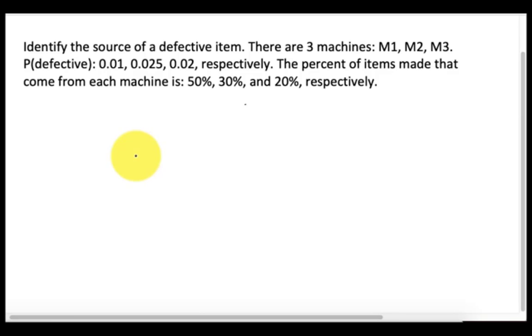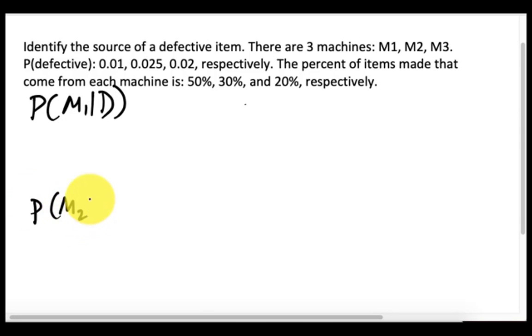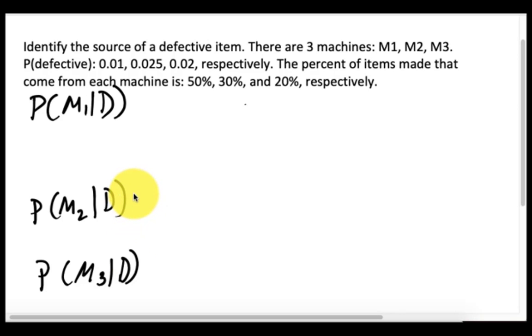Then I'm going to compute the probability of M1 given D, the probability of M2 given D, and the probability of M3 given D. And I will compare them.